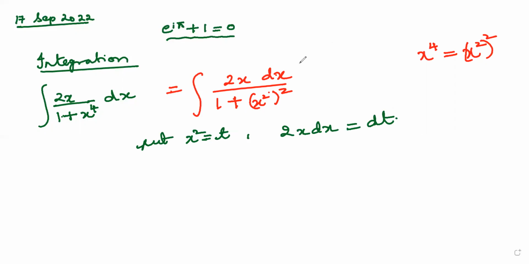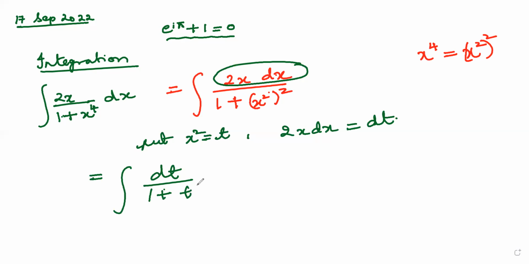Since 2x dx is dt, we already have that in the integrand. So 2x dx is dt over 1 plus x square, which is t, and t square. If you go back to your standard integrals, the integral of dx over 1 plus x square is tan inverse x, and since it's indefinite integration, you'll have a constant of integration as well.